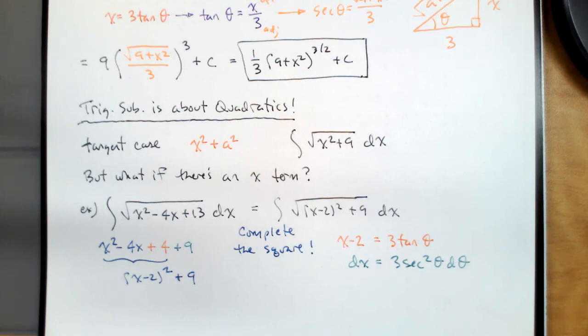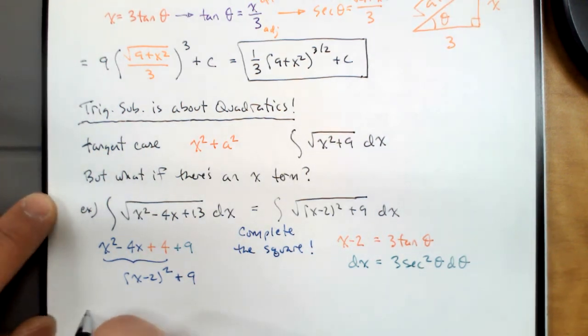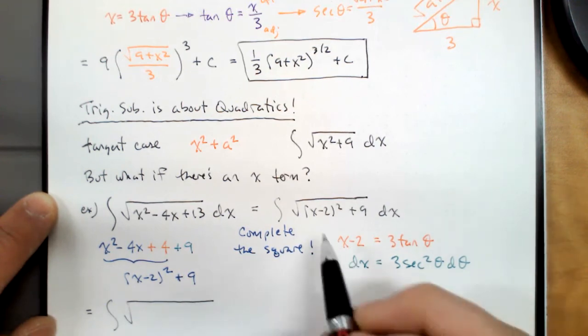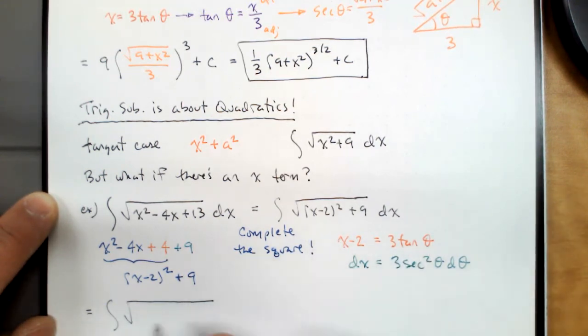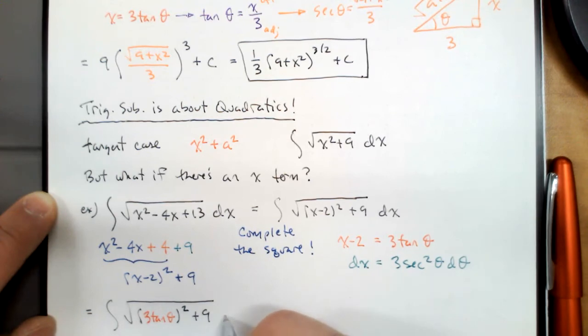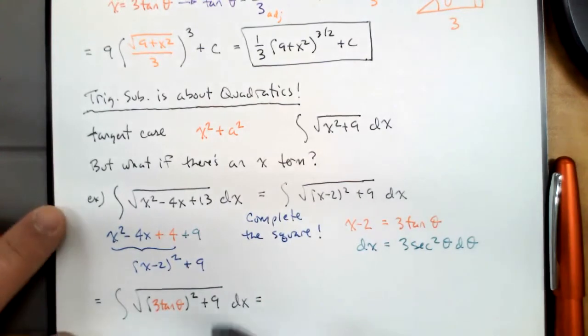Any question? So now my theta integral will have the square root. This x minus 2, that's getting replaced with 3 tangent theta. So now it's going to look like a theta integral like we're familiar with.